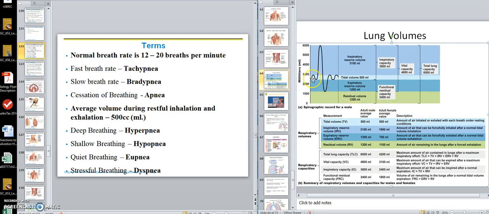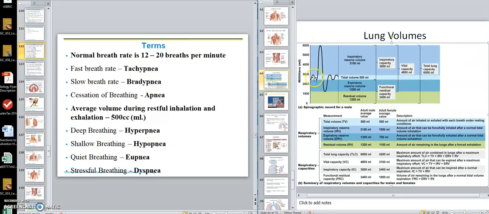Now, let's say that I want to bring in all the air I can bring in over and above my tidal volume. That would be my inspiratory reserve volume. That's the amount of air I could bring in over and above my usual.